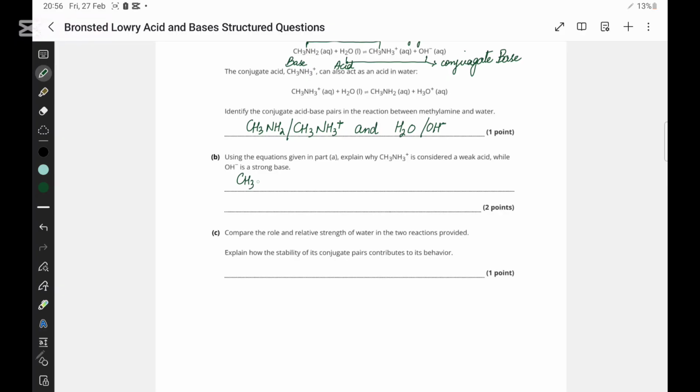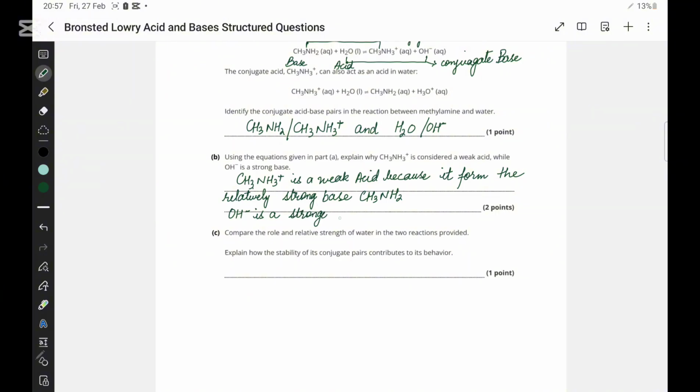So basically CH3NH3 positive is a weak acid because it forms the relatively strong base, and that is going to be CH3NH2, while OH minus is a strong base because it is the conjugate of water, which is a weak acid.